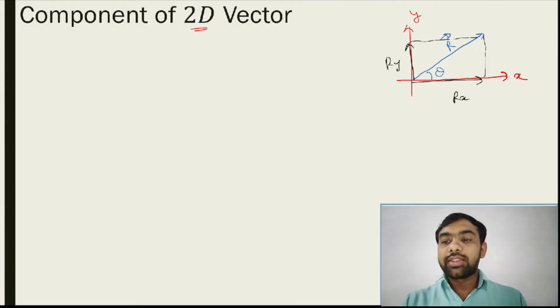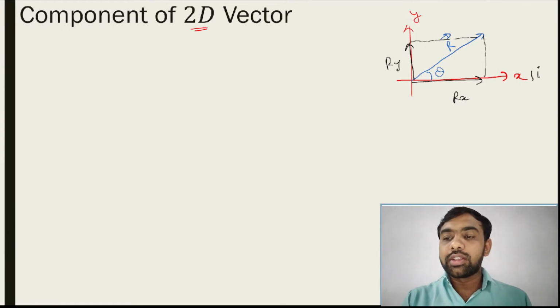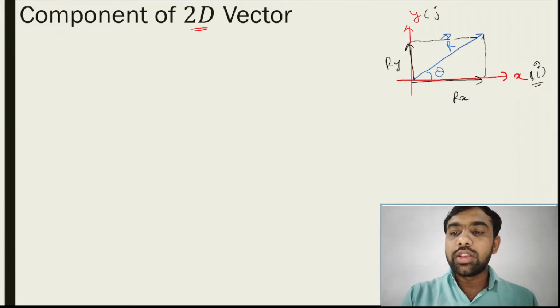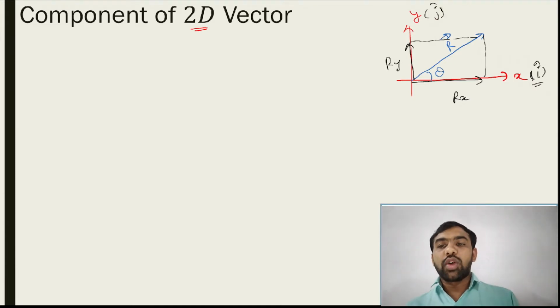What is the unit vector along the x axis? The unit vector along the x axis is generally known as i cap, and the unit vector along the y axis is generally denoted as j cap. So i cap and j cap are the unit vectors. Then how do we represent this r in component format?